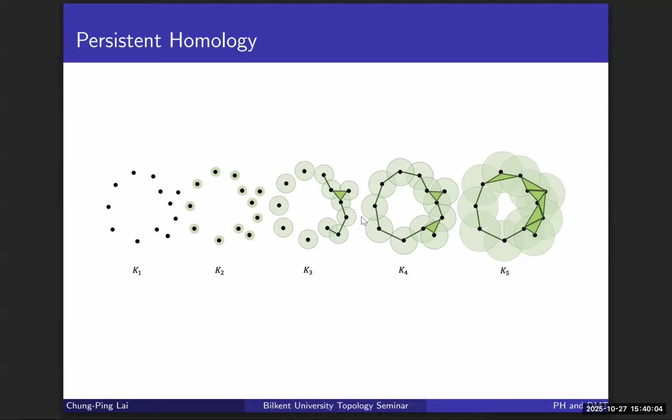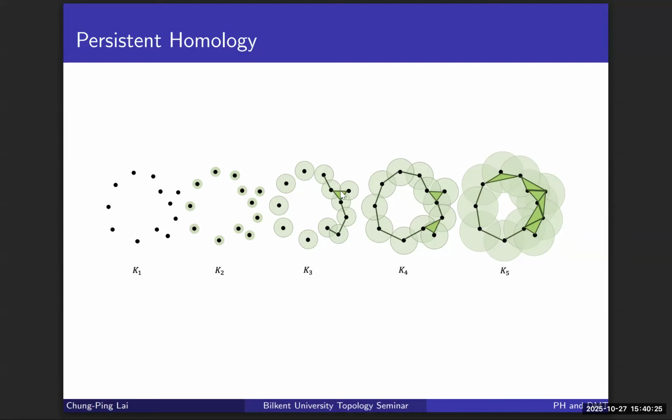But then we have the problem: what is the size of the open ball that we want to use? Because that is very arbitrary, and really case by case. Turns out we can use every size.